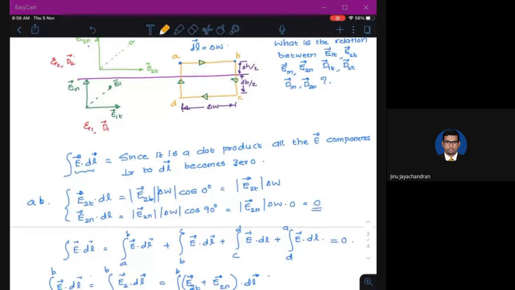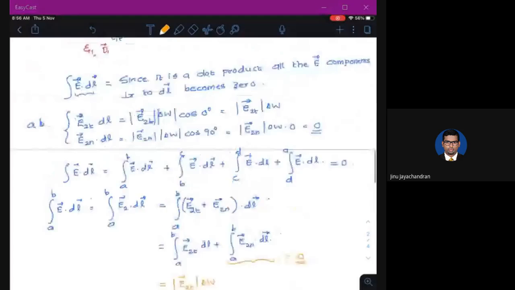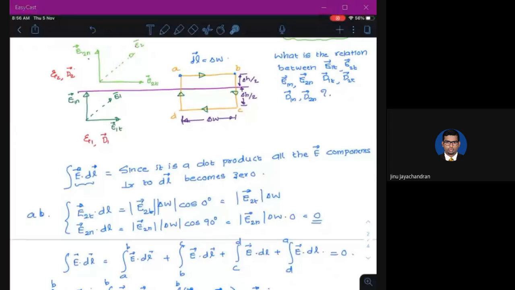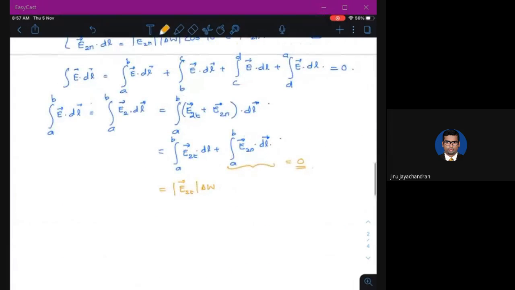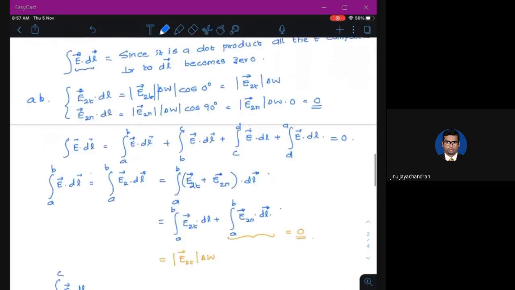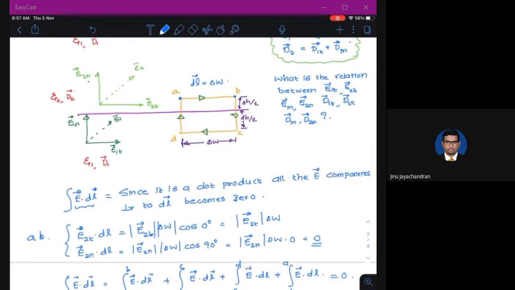Okay. Now let us consider the next part, which is B to C. Remember, B to C is downwards, which means it will become negative. So if I do integral B to C E dot dl, I have two parts. The first part is where it is in the second medium, and the second part is where it is in the first medium.